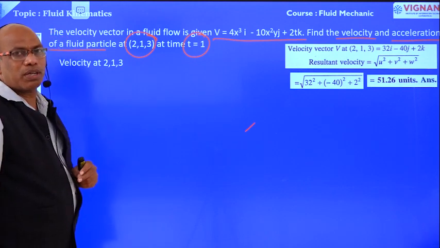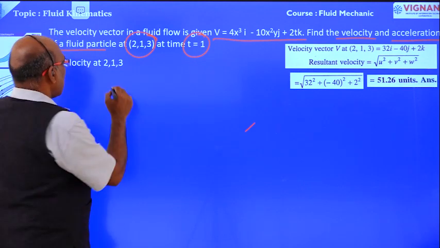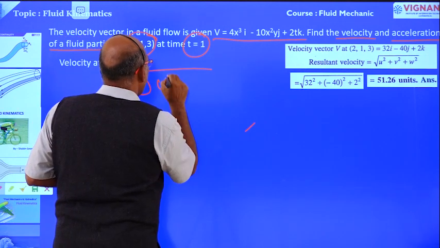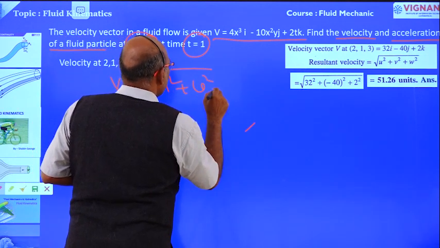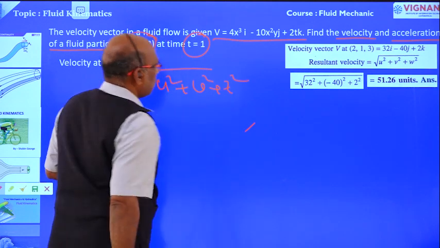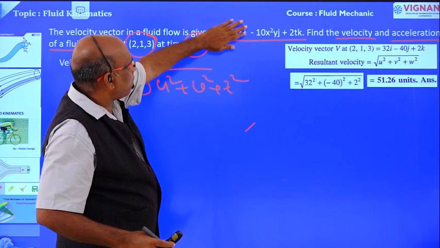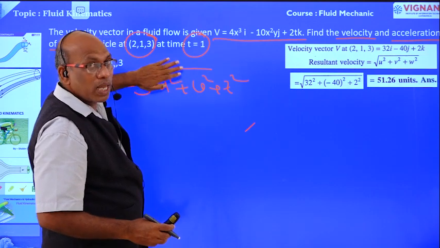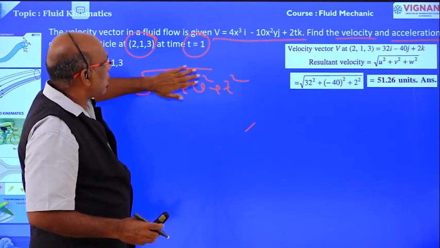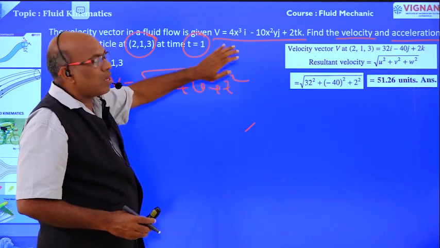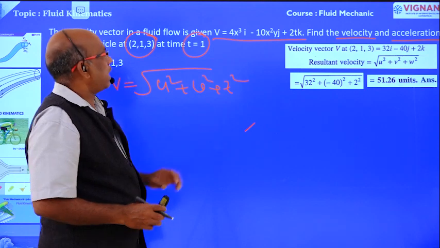First we are going to determine the velocity. We know the velocity formula: velocity is equal to square root of u square plus v square plus w square. From this given equation, first we determine u, the velocity component in x direction, v, the velocity component in y direction, and w, the velocity component in z direction.